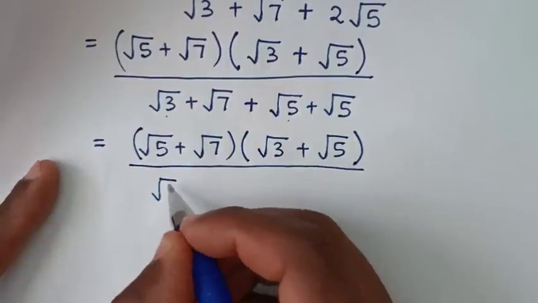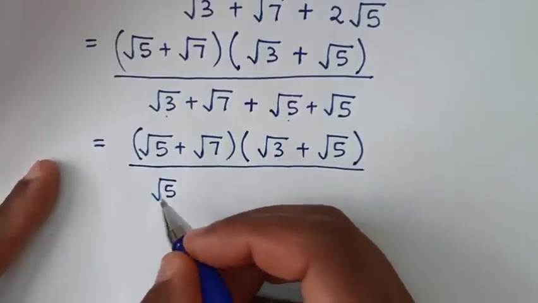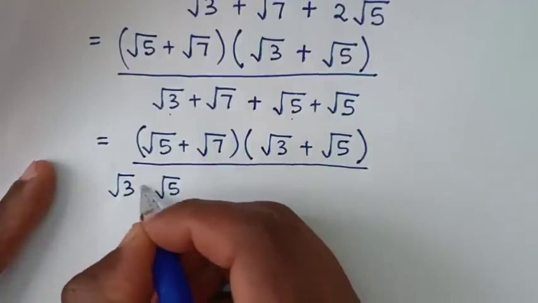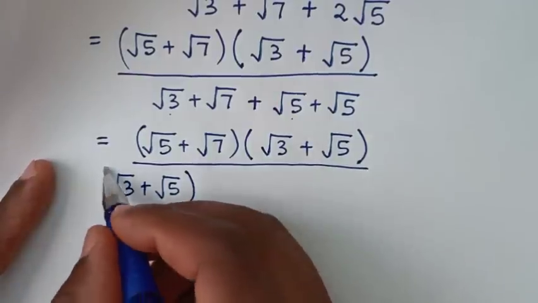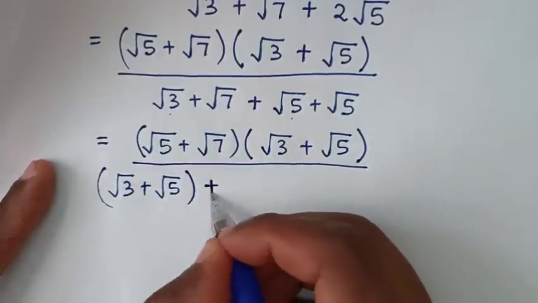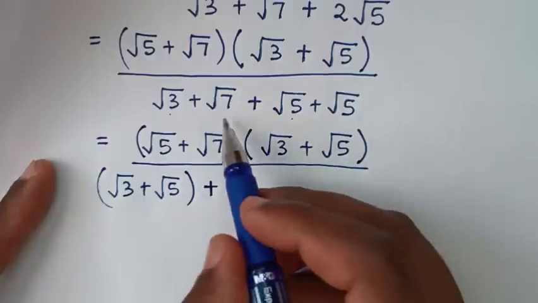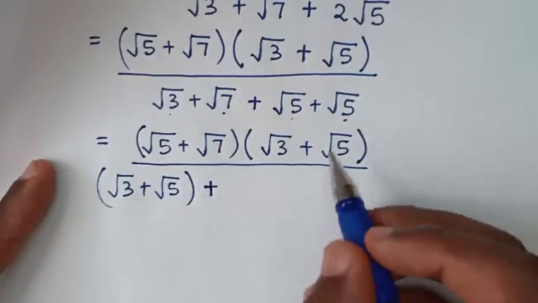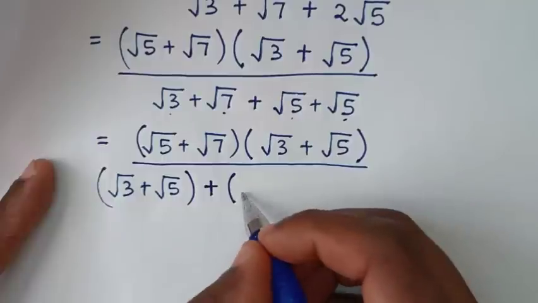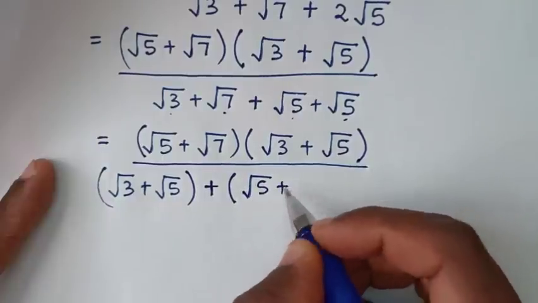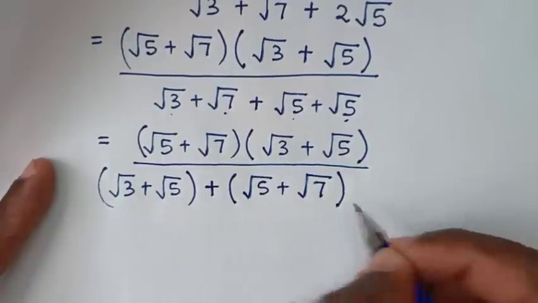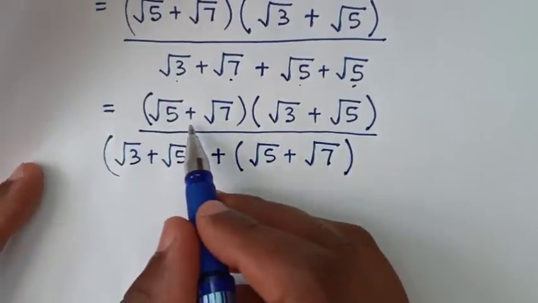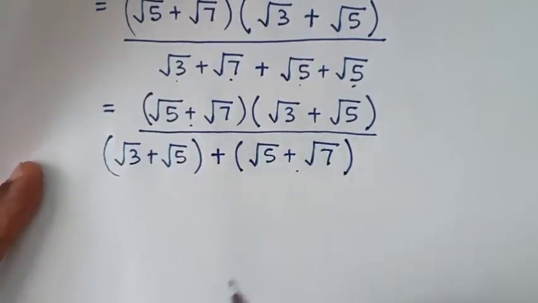We take this together, then plus square root of 7 plus square root of 5. We take this together, so it will be bracket, here we start with square root of 5 plus square root of 7.